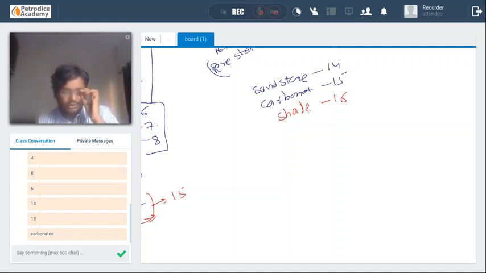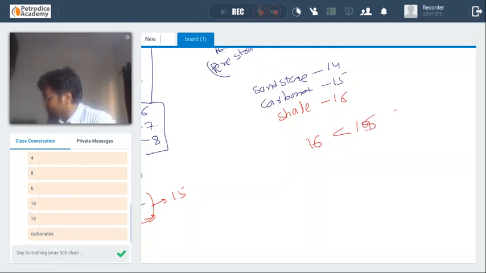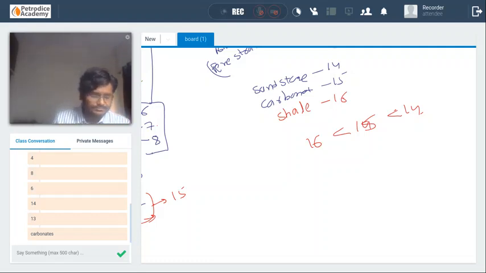Shale has high porosity, but most of the particular pores are isolated. Okay, when you are talking about effective porosity, shale is the least, then comes carbonates, then comes sandstone. Okay. That's it, guys. These are the main things that we have covered in the previous classes.